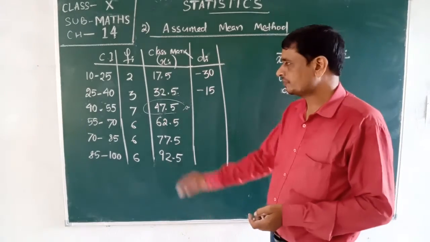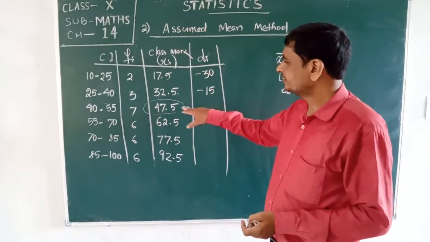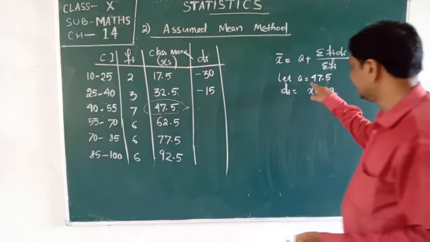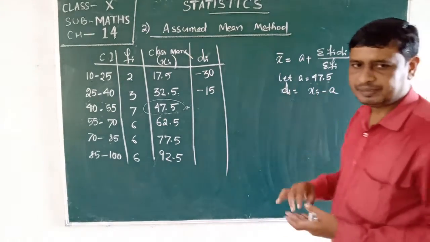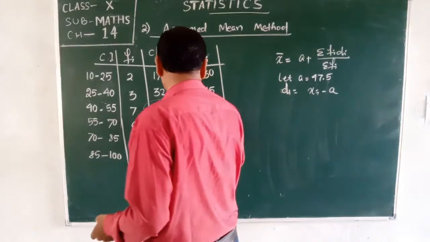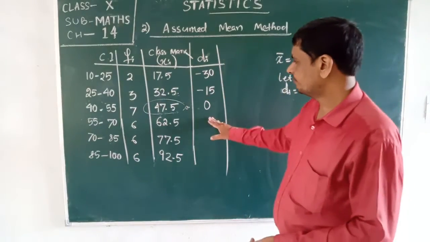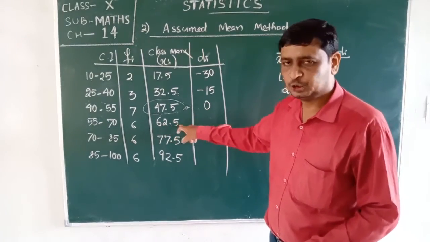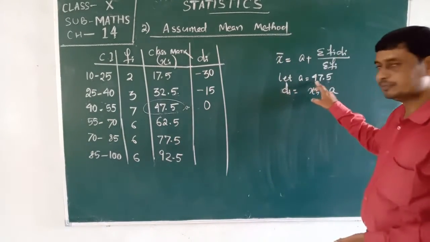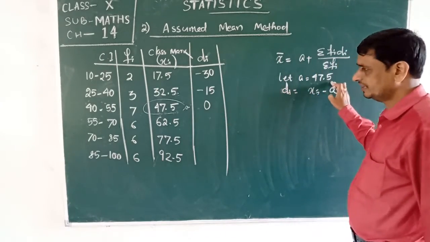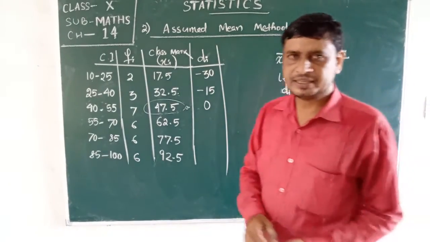Next, for D3, 47.5 minus A, 47.5 becomes 0. Next, D4, xi is 62.5 and the value of A is 47.5. 62.5 minus 47.5 becomes 15.